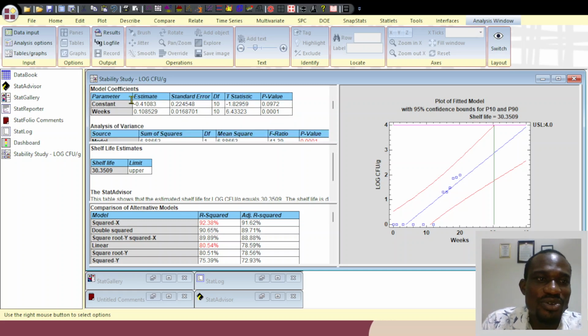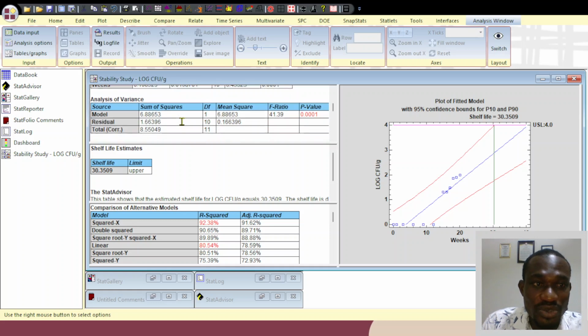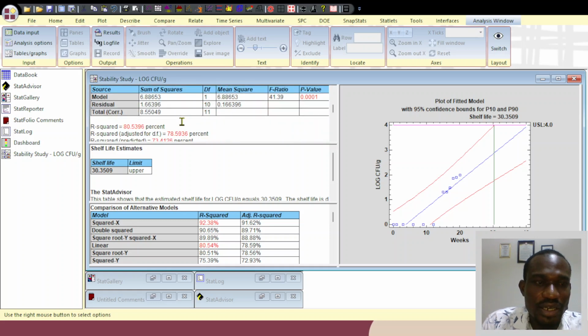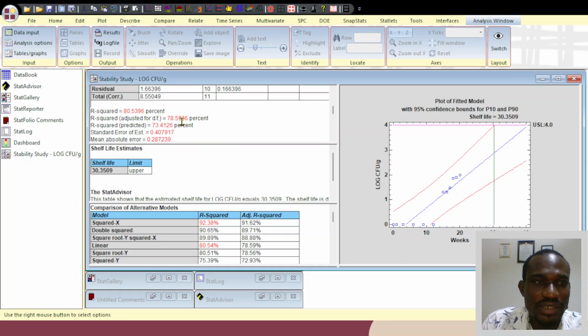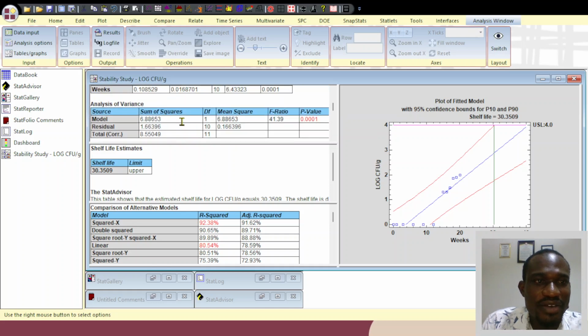Now here are model coefficients, the t statistic, the p-value for a constant and weak. That's not what we are interested in. What I want us to look at now is the comparison with other models.